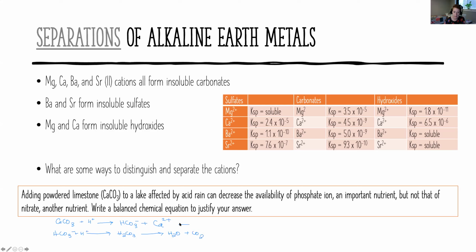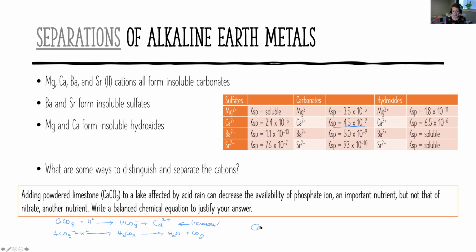So that increases my calcium 2 plus ion concentration in water. Calcium carbonate in water by itself is not soluble, but calcium carbonate, limestone, will react with acid to break up because you're forming that carbonic acid, and then the thermodynamic preference is favored to drive off that gas. That's entropically favored and thermodynamically favored.